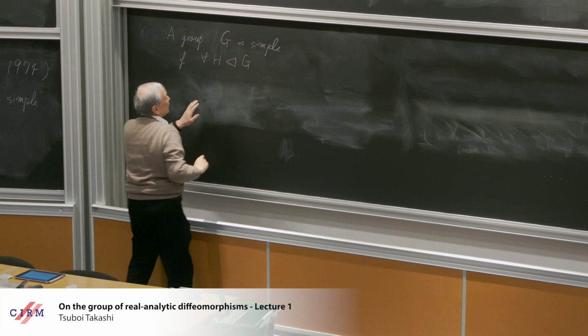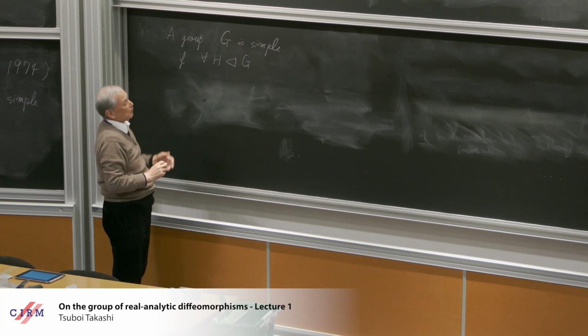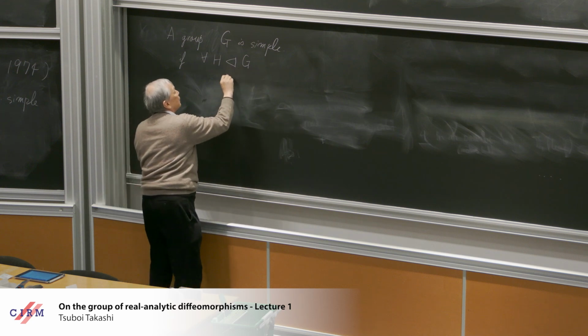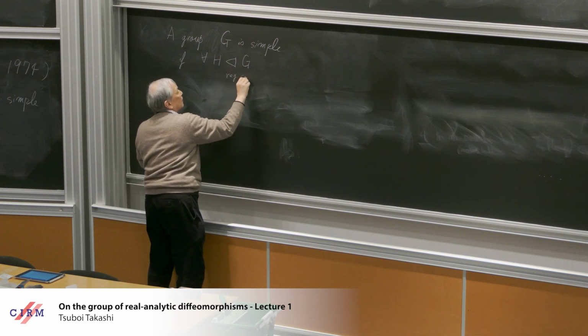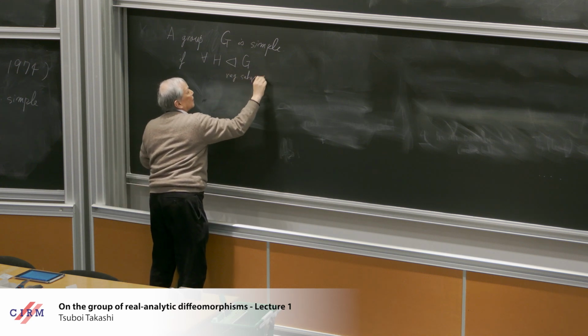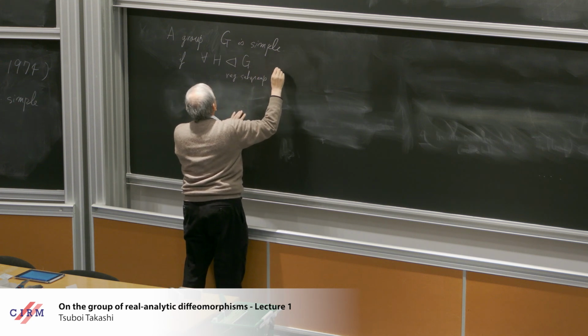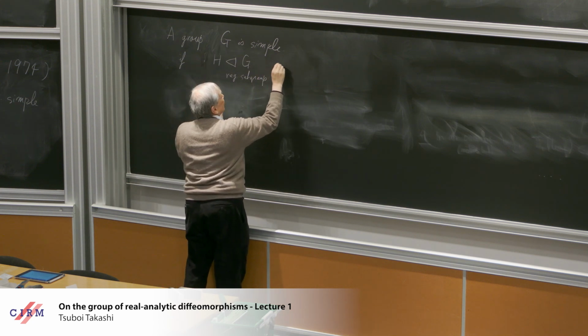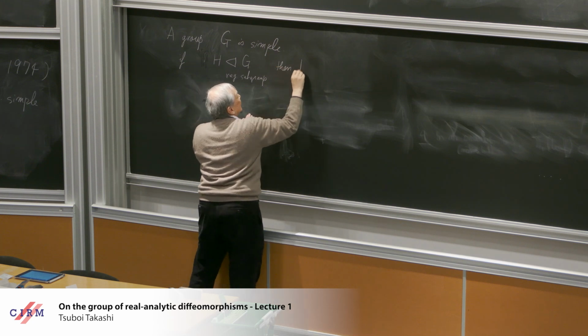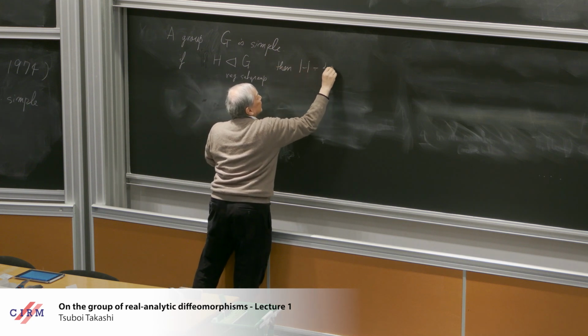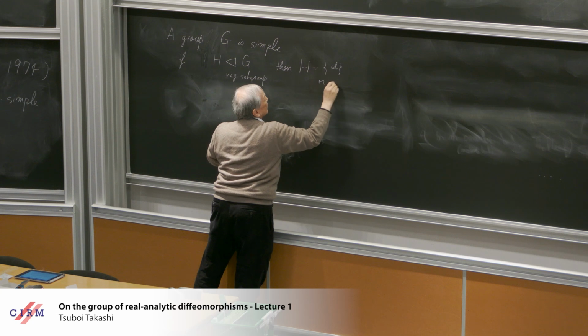This means that for H in G normal, H equals only the identity or G itself.